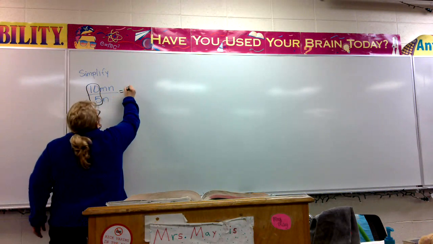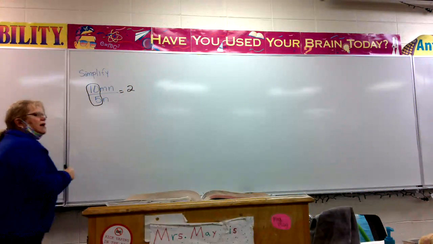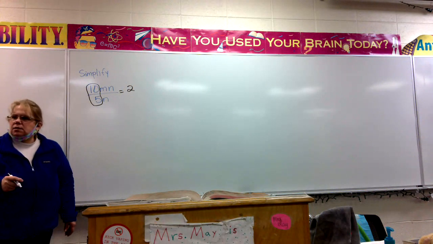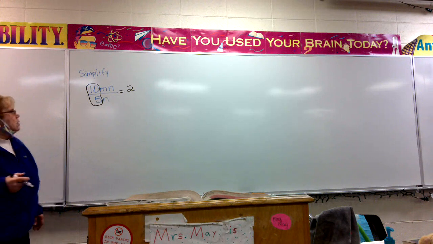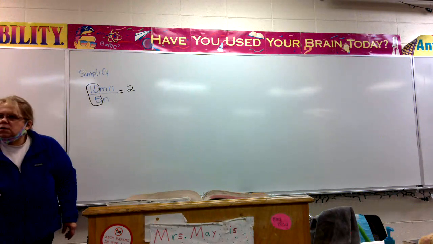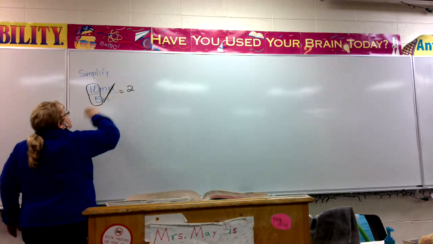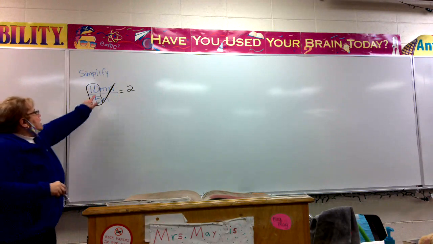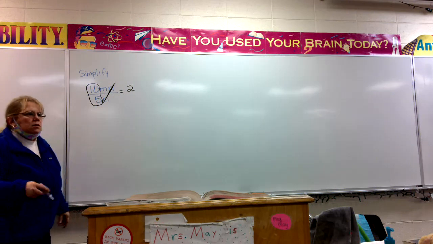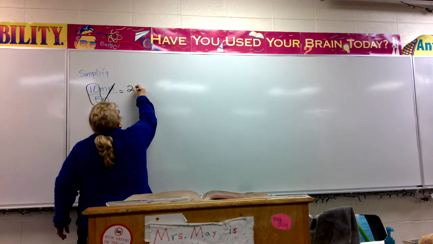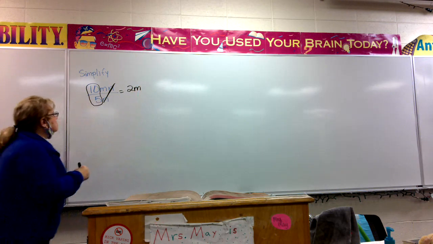So I have a 2. And then what else could you do with that? Well, the n's would cancel. Could I do anything with the m? So I would just have 2m.